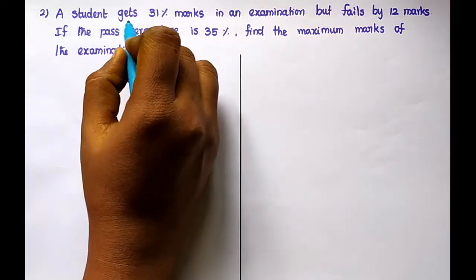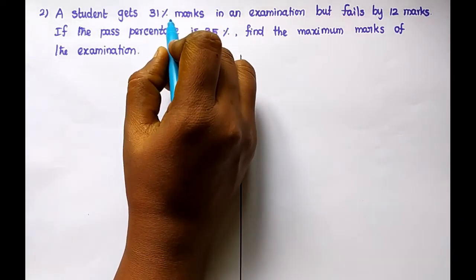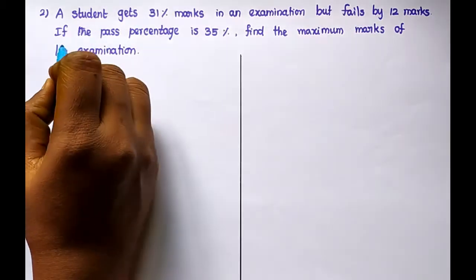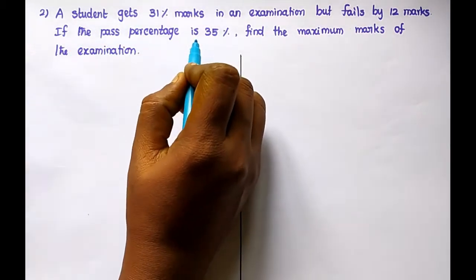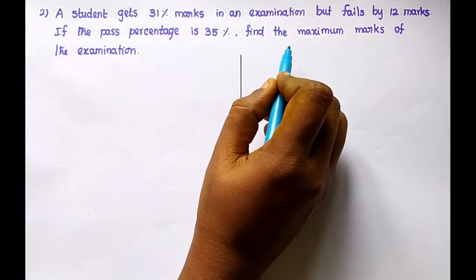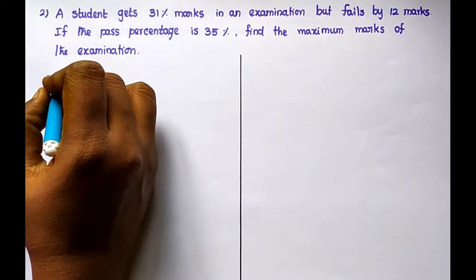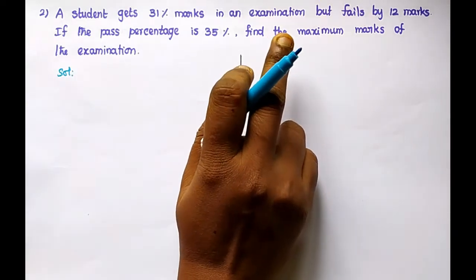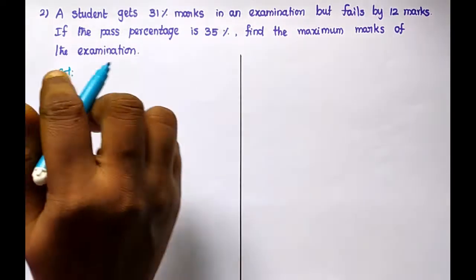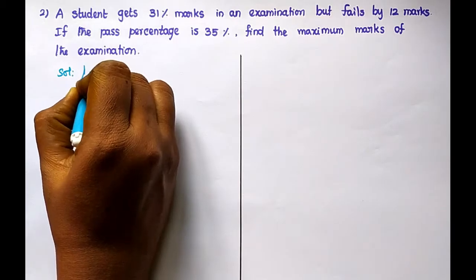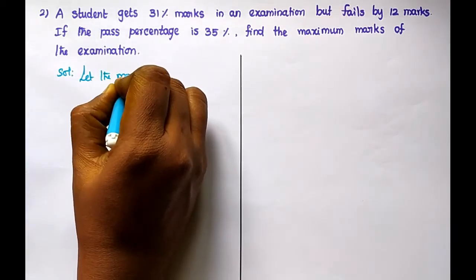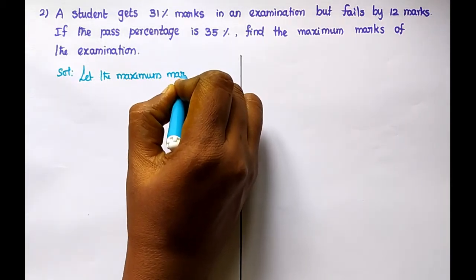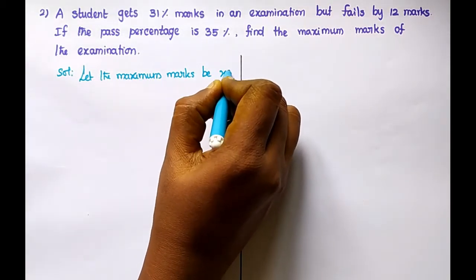Second sum, a student gets 31% marks in an examination but fails by 12 marks. If the pass percentage is 35%, find the maximum marks of the examination. Listen, we don't know the maximum marks of the examination, so let the maximum marks be x.